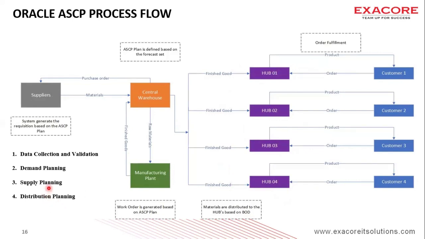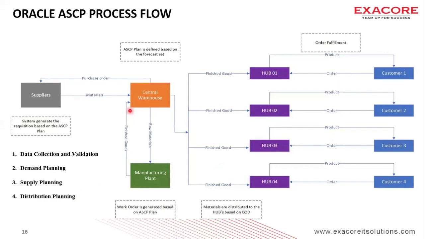Next is supply planning. With the demand plan in place, ASCP generates a supply plan. So once the demand is there, the next step is the supply plan. ASCP will calculate the raw material requirements based on the production plan and generate a purchase requisition to the central warehouse.